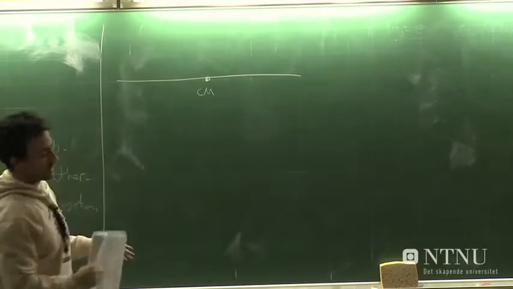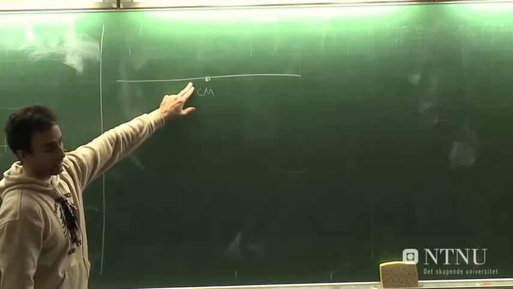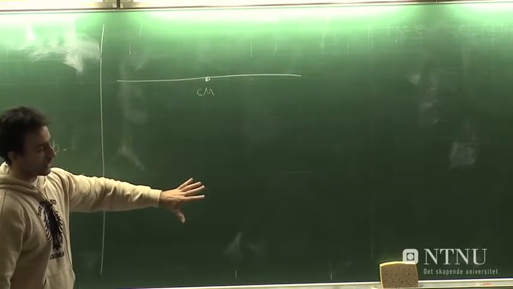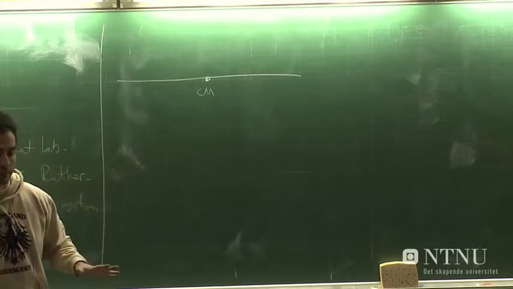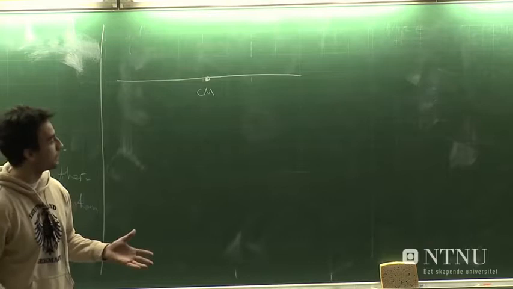So assume that we're in the center of mass system, and the center of mass is here, which now is stationary. In the lab system that we considered, if the masses were comparable, the center of mass wouldn't necessarily be stationary.